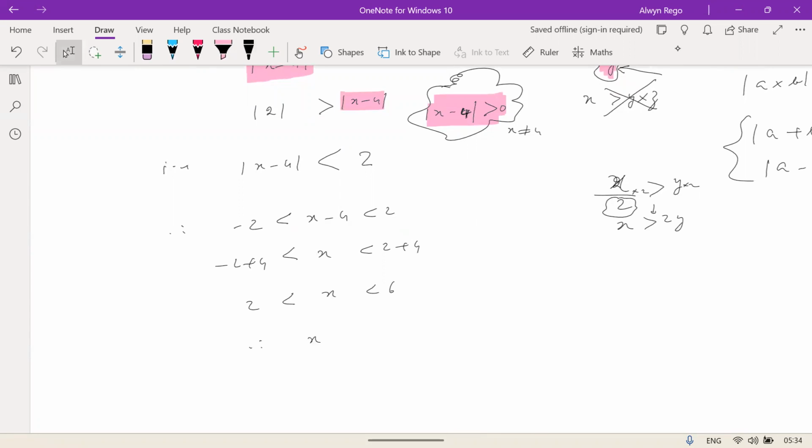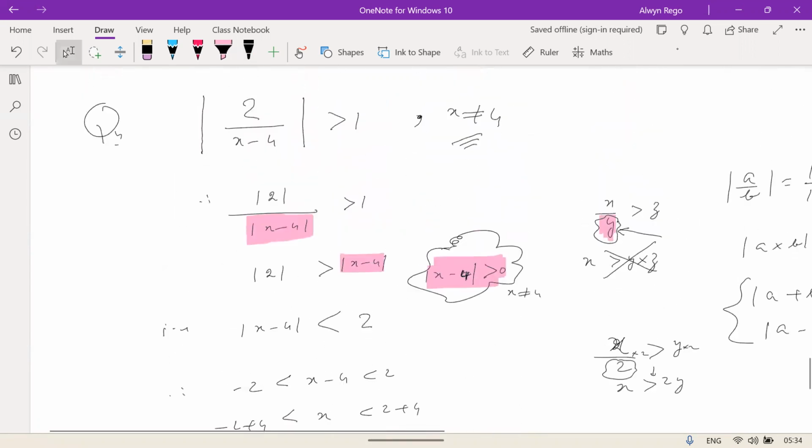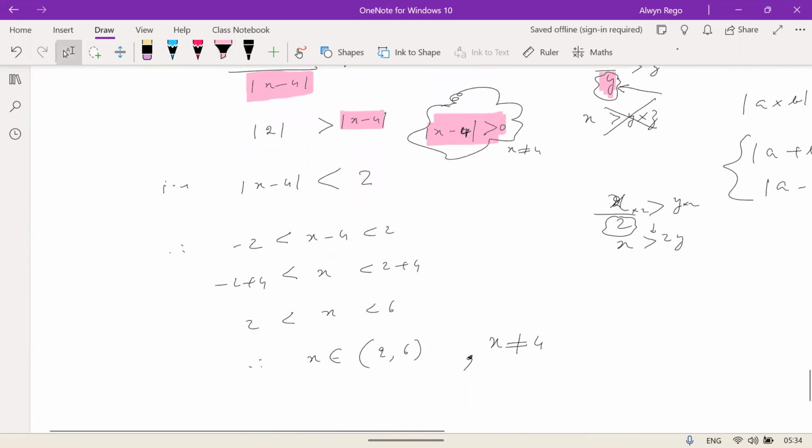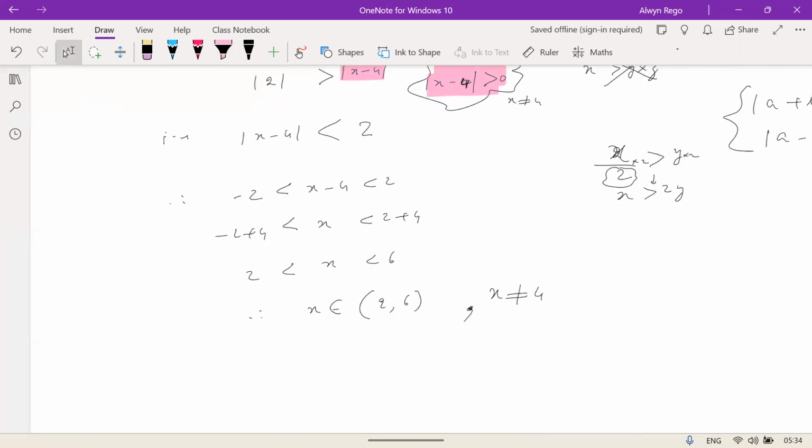Therefore, you find that x belongs to the open interval (2, 6), comma, beware, x is not equal to 4, because that was provided, on which the whole problem was built. So x could not have been equal to 4. That's what they are saying. So if you are considering the interval 2 to 6, remember there is a 4 coming inside that.